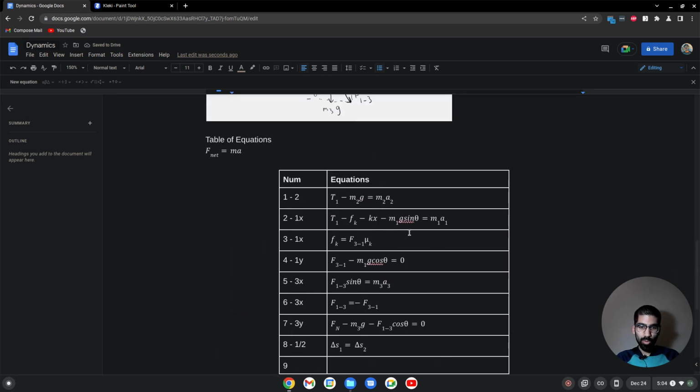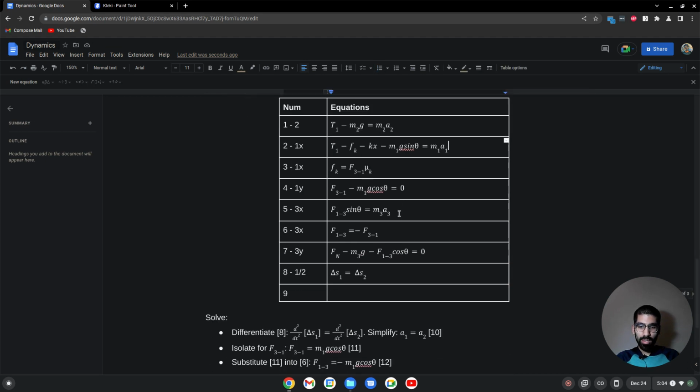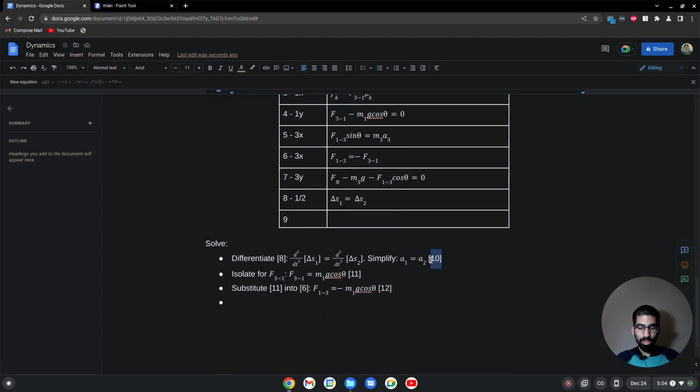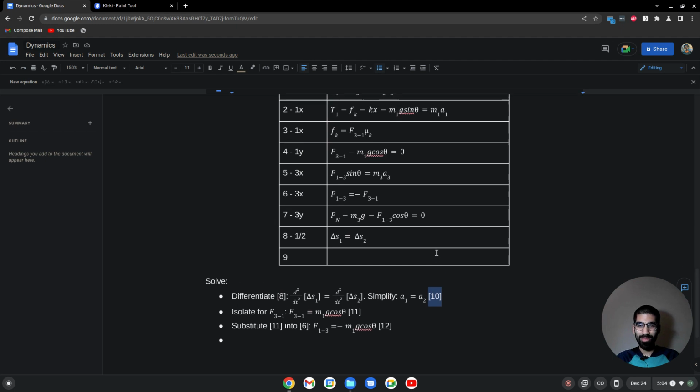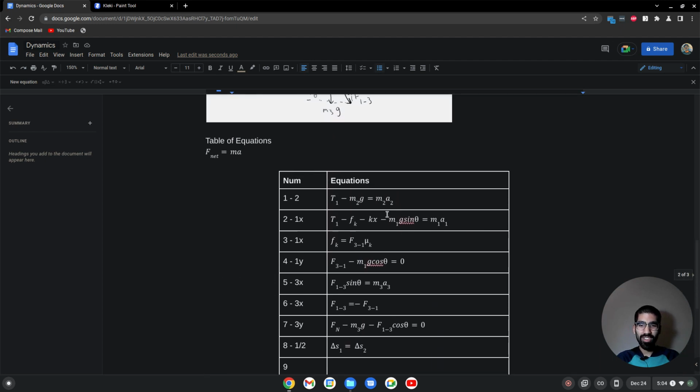What else might we want to do? One thing is we probably want to get rid of either the a1s or the a2s so that we can solve for one and not both, right? Let's not make our lives too complicated. This thing looks simpler to me than this, so I'm going to isolate for a1 here, and then I'm going to try and plug that in somewhere over here.